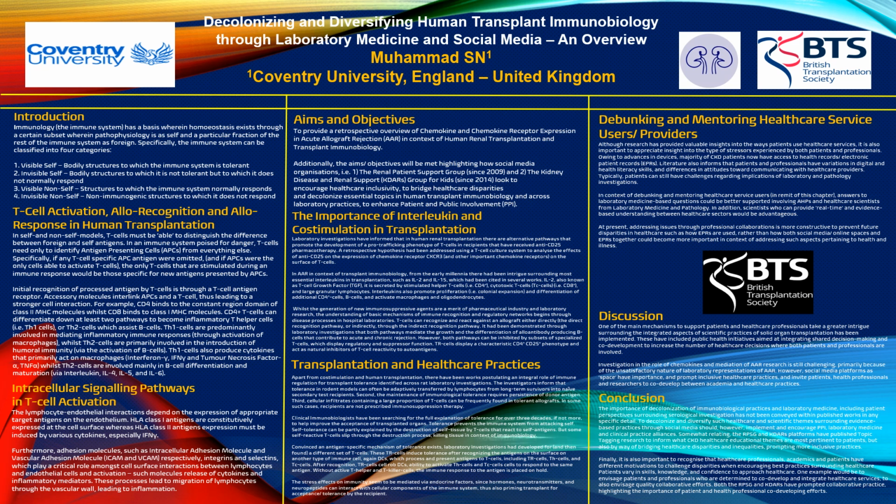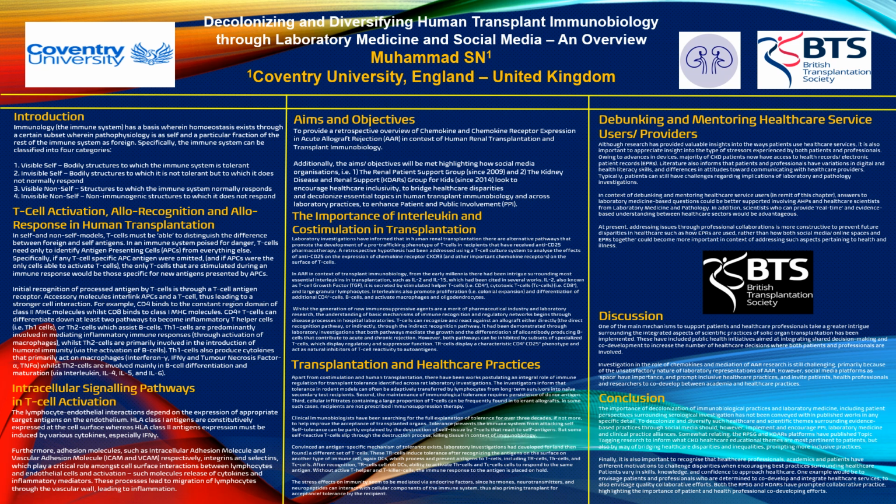T helper type 1 cells are predominantly involved in mediating inflammatory immune complexes through activation of macrophages, whilst T helper type 2 cells are primarily involved in the induction of humoral immunity through the activation of B cells.